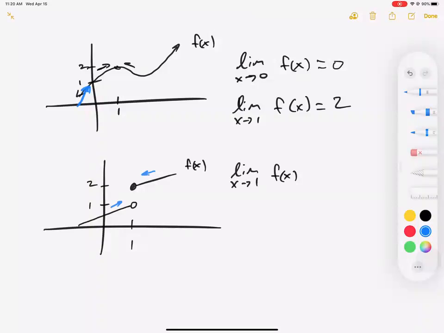Well, the left side says, hey, at 1, so we're going to denote this using what we call one-sided limits. One-sided limits means specifically from the left or right. So from the left side here, it looks like I'm approaching 1. So we denote that by the limit as x approaches 1.